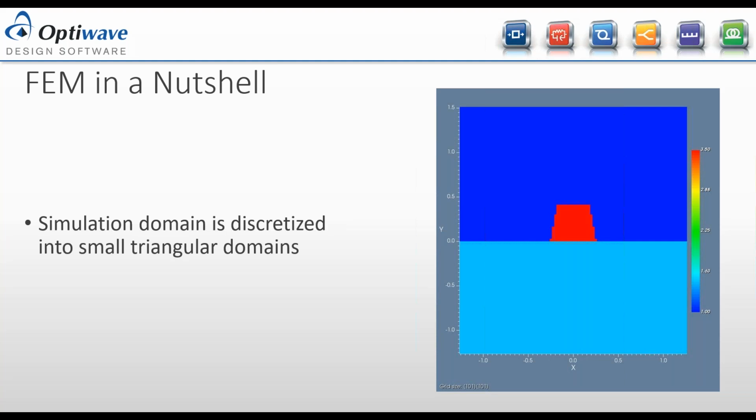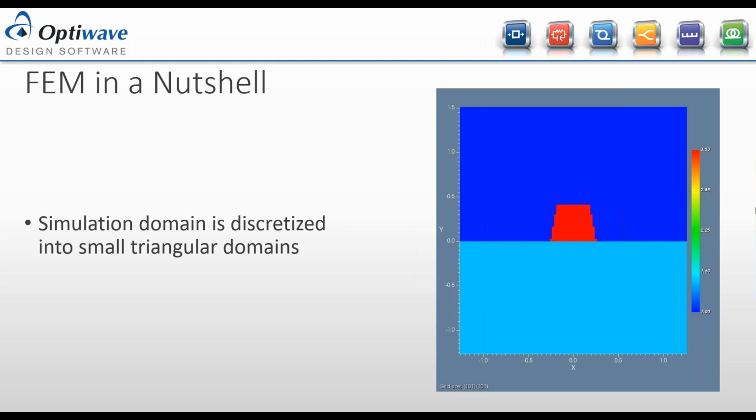Instead of a rectangular or sampled mesh, as we see in the picture on the right, where the domain is made up of these little squares or rectangles, that's fine, although it does lead to some problems when you're trying to approximate a more complicated structure like a slanted wall here. We see that there's a staircase, and you might think that's not a big issue, and most of the time it's not really.